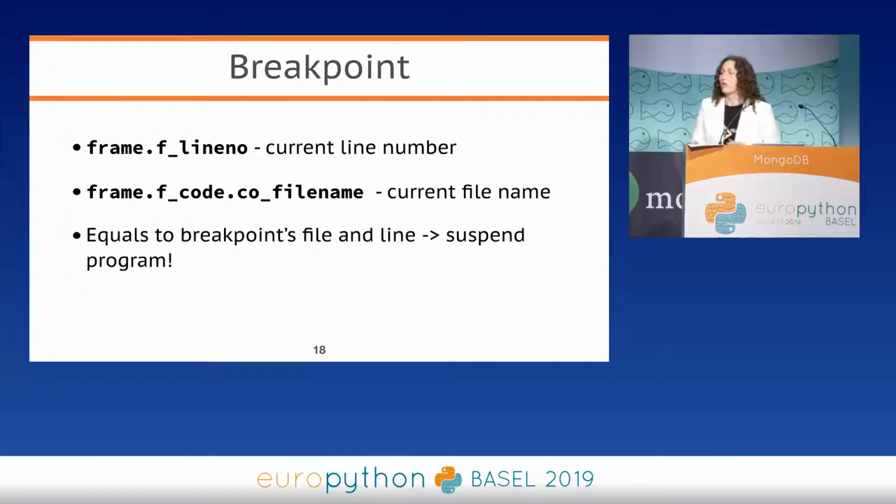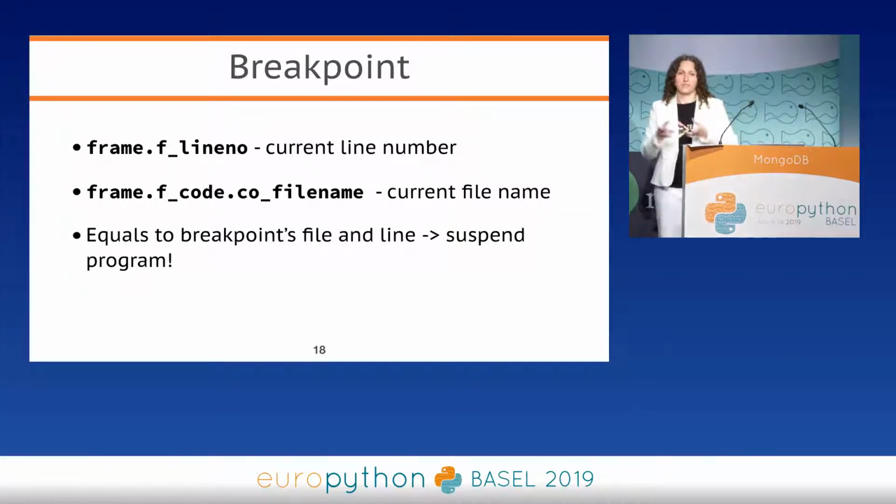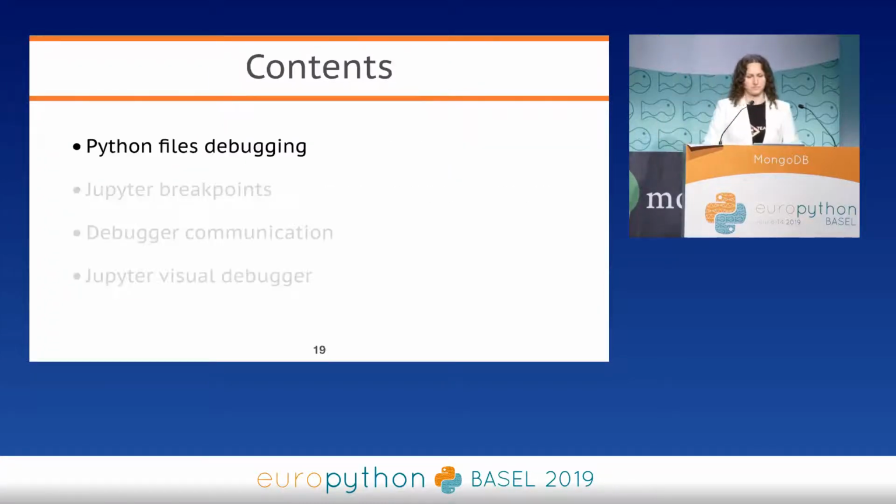So, on each call, we can compare the breakpoint's file name with the frame's file name, and the breakpoint's line number with the frame's line number, and if these values are equal, we can suspend our program in this place. Cool. So this is how Python debuggers work, and how we can use the tracing function to implement breakpoints.